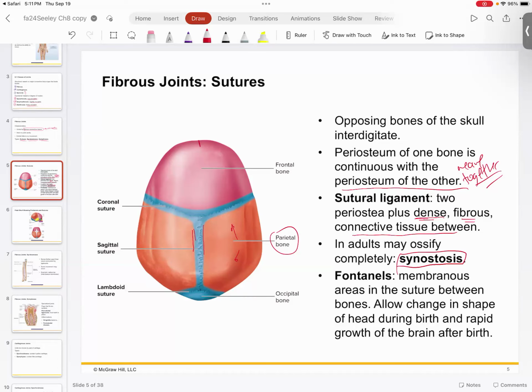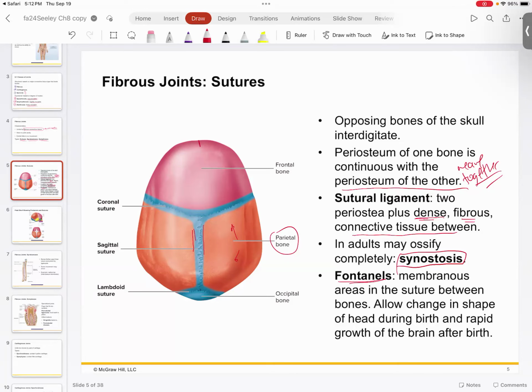And then, of course, when you're born, you have your fontanelles, which are essentially the membranous areas where the ossification has not fully filled in the area. And so the coronal sutures and the sagittal sutures and the lambdoid sutures are still largely soft and membranous. They haven't fully ossified yet.